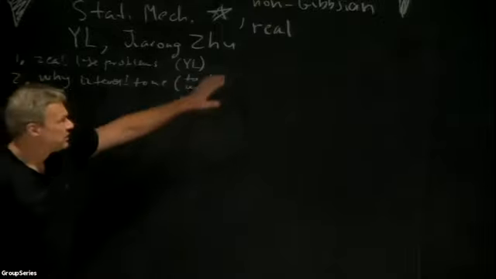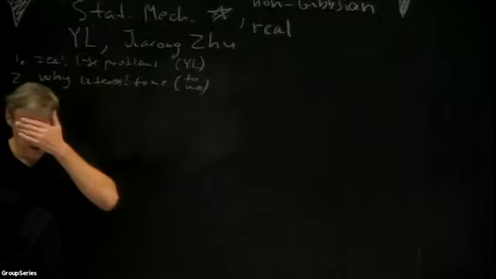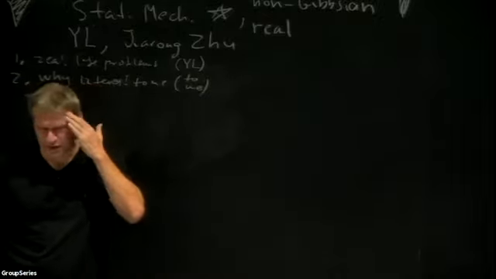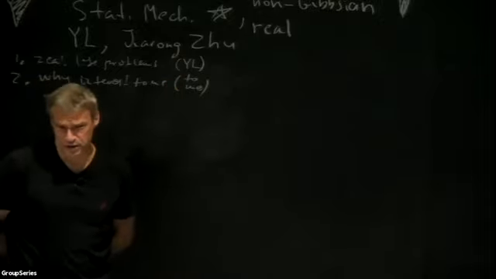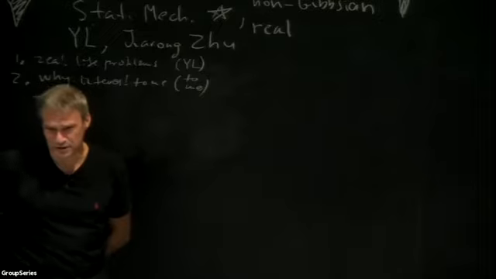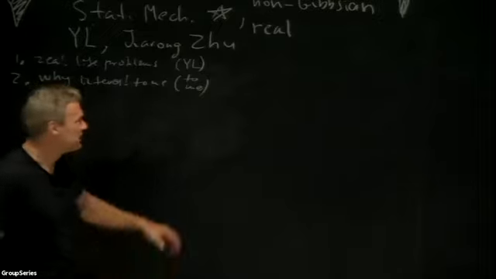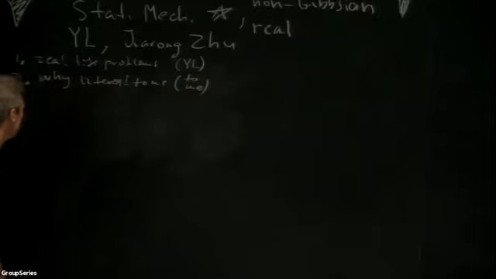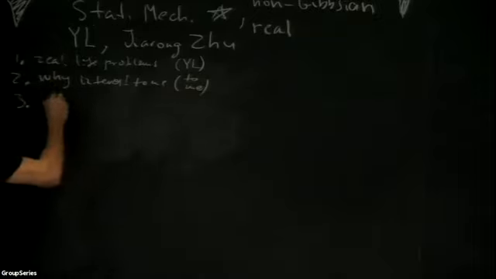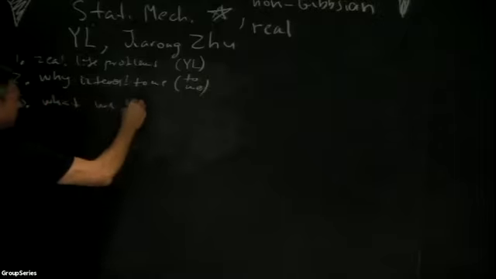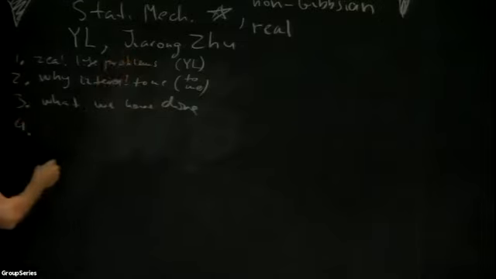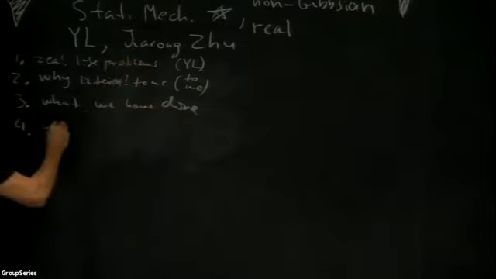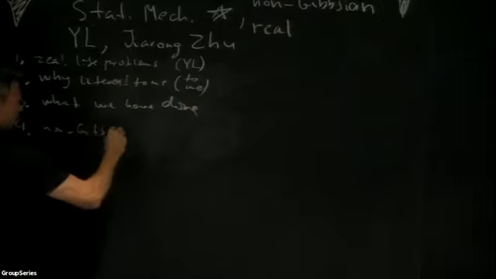Namely, I believe that this non-Gibbsian character and the very fact that statistical mechanics can be used to describe clusters of stars is, at least in my eyes, way more interesting than the fact that it describes real systems. Then I will tell you what we have done in this paper, and then I will tell you about this non-Gibbsian stuff, the most interesting thing.